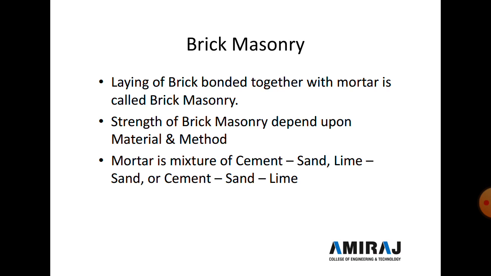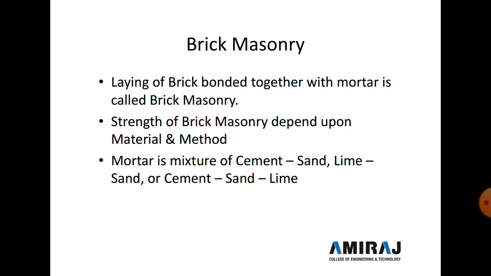Now the strength of the brick masonry depends upon the bonding material and bonding method. So what is the strength of the brick masonry? Here, bonding material and bonding method. In brick masonry, mortar is used as the material.